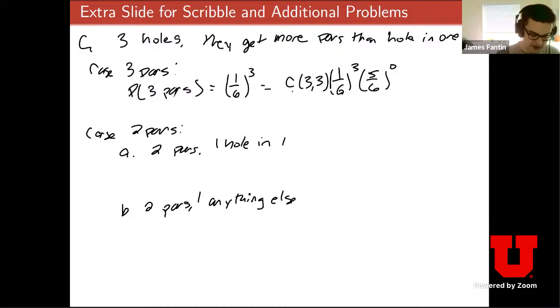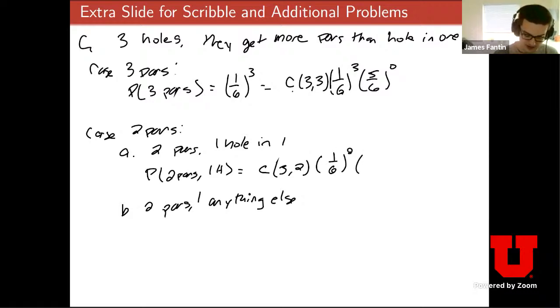So the probability for 2 pars and 1 hole-in-one: we've got 3 slots, we're choosing 2 to be pars. Pars happen with probability 1/6. And the hole-in-one has probability 1/3.